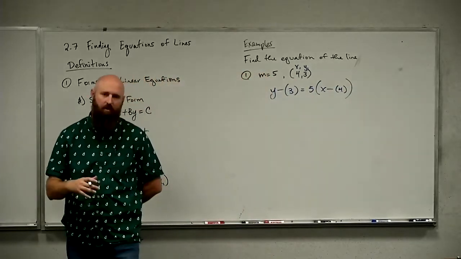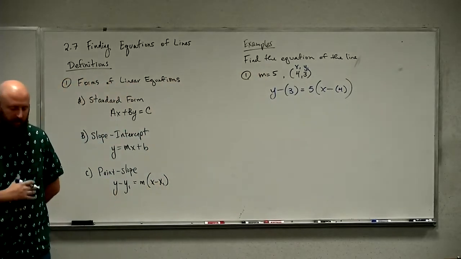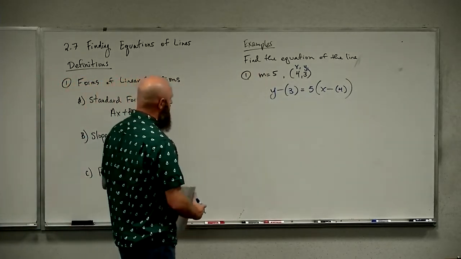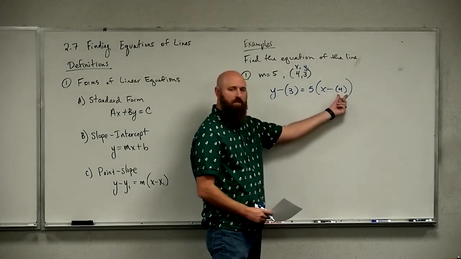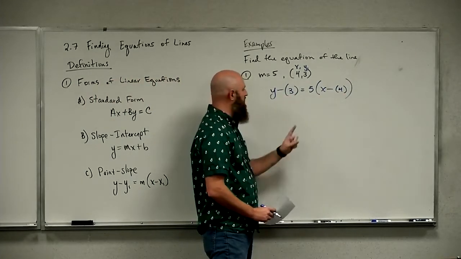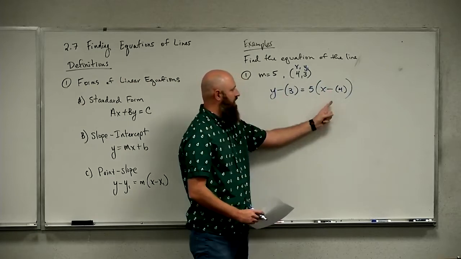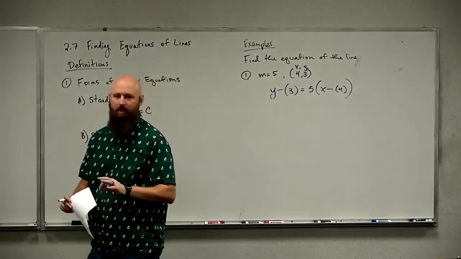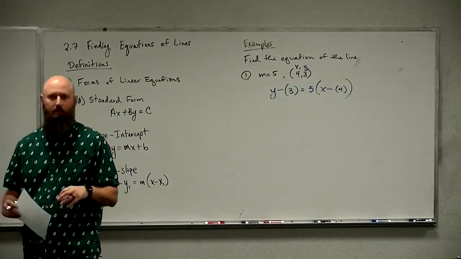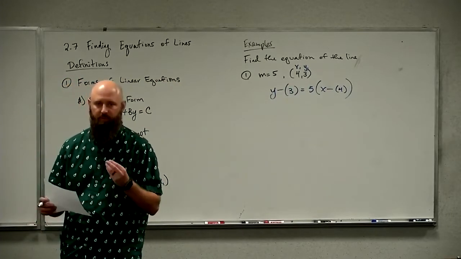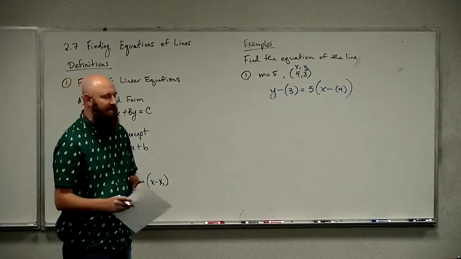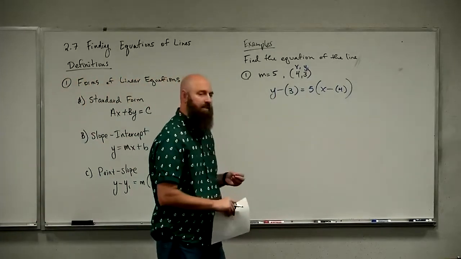Now, I do try to be careful. I don't put every single thing I'm plugging in into parentheses, but I do like to put the y1 and the x1 in parentheses. The reason is the minus sign in front of them. In this particular example it wouldn't matter, but our next example is going to have some negatives, and that always causes a problem because we don't always do the double negative like we're supposed to when we don't put parentheses.